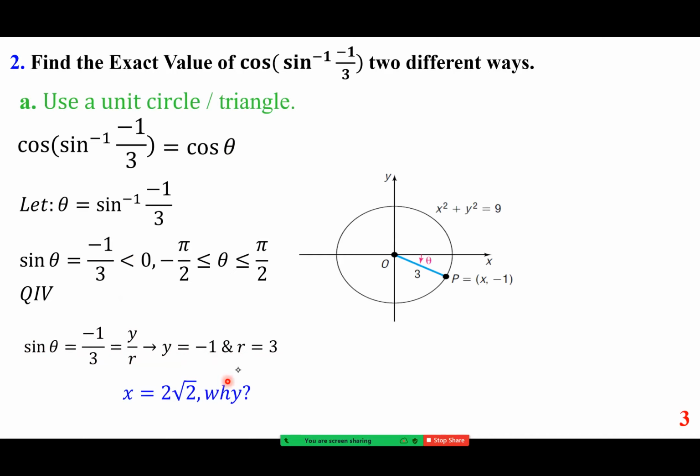Simply put, you can calculate it. When this is x, this is negative 1. When you square x and y, it's the same as squaring r. So x squared, that is missing, plus y squared, that is 1.